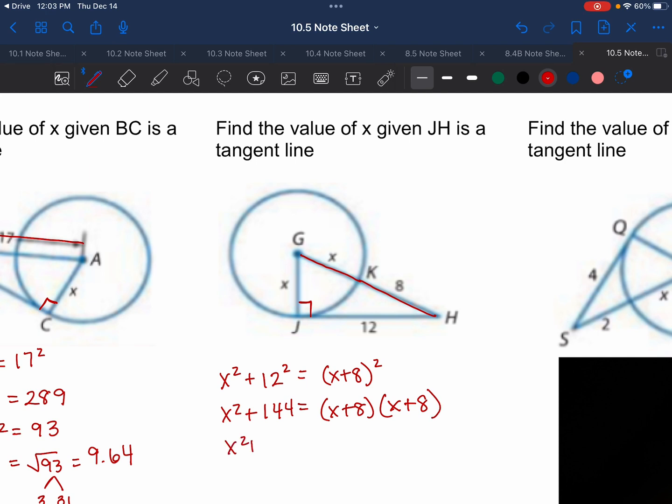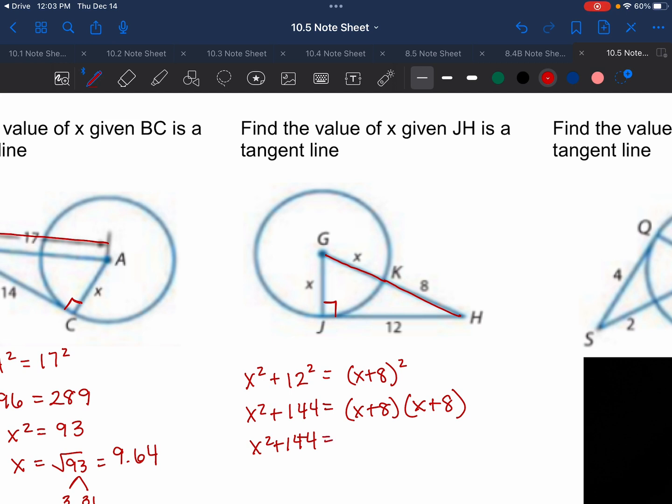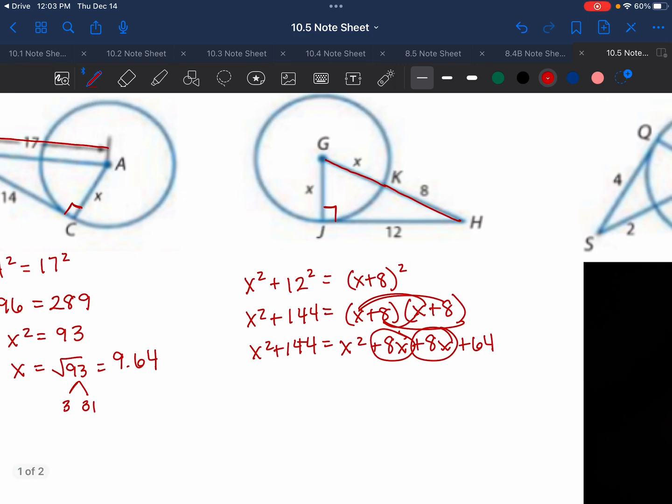So x squared plus 144 equals, and then we need to distribute, so x times x is x squared, x times 8 is plus 8x, and then 8 times x is plus 8x, 8 times 8 is 64, and then we can combine like terms.